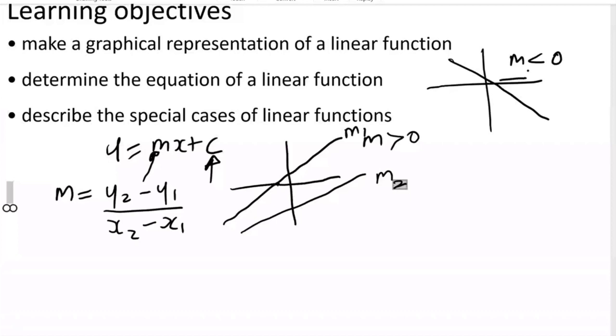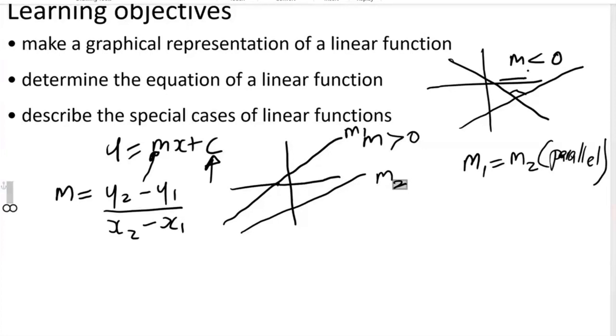If you've got two lines that are perpendicular, that means they intersect at 90 degrees. When two lines are perpendicular to each other, it means your m1 multiplied by your m2 is equal to -1. I'm going to use this sign for perpendicular.